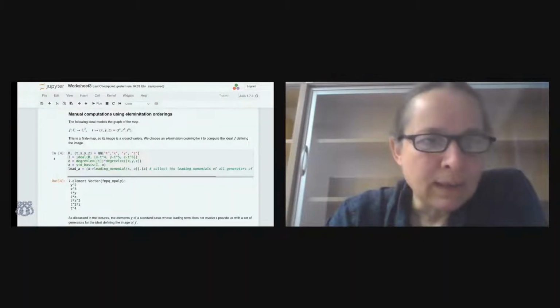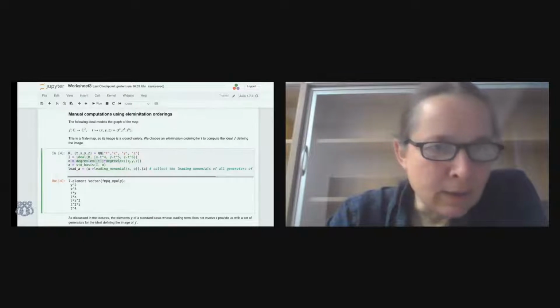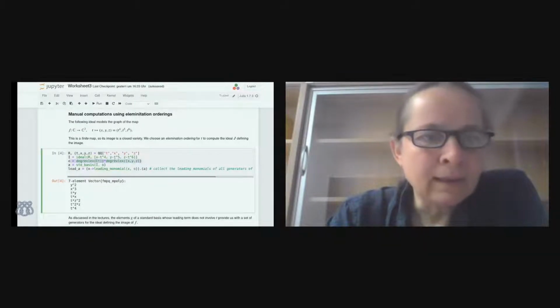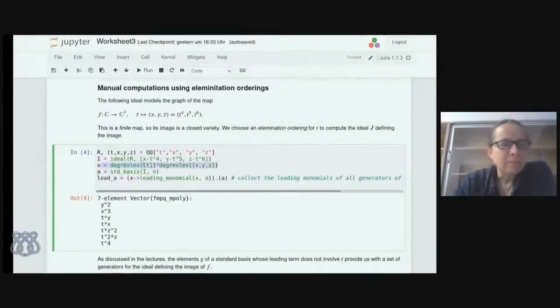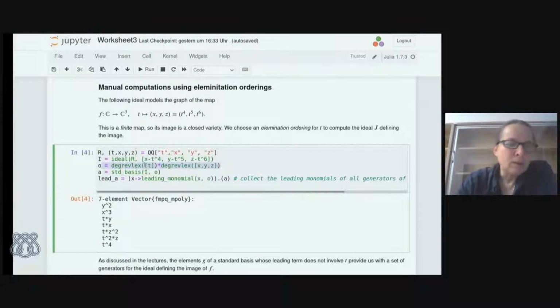You have a degree lexicographical ordering in T, and then, in the notation, it is multiplied with the degree reverse lexicographical ordering in the other variables. That's the way to do such a block ordering. That's the syntax for it. Just keep in mind that when you need it, you find it on that worksheet. And now further down.